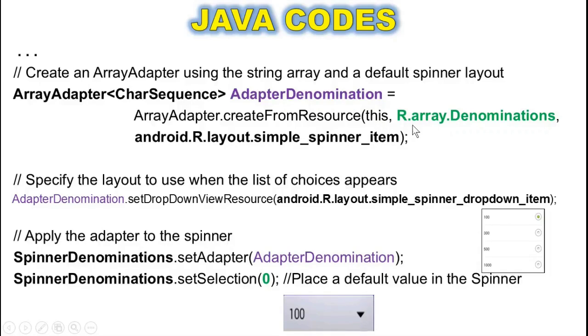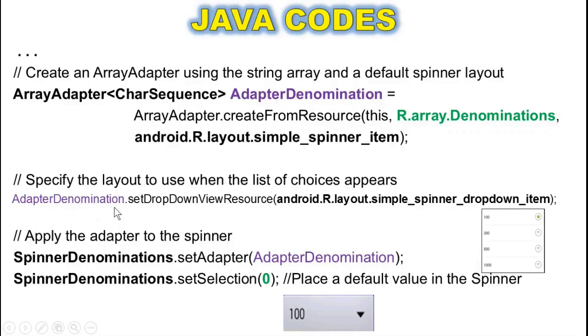The second argument is R.array.denominations. This denominations is the name of the string array that I defined in the denomination.xml file. And then android.R.layout.simple_spinner_item. This command line will specify the layout to use when the list of choices appears.